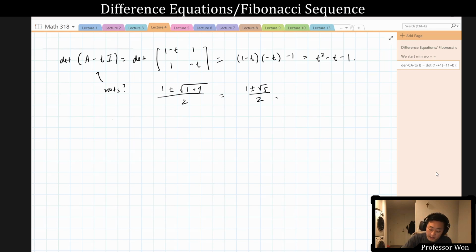Okay, so let's call the positive one lambda 1, and the negative one lambda 2. This one is approximately 1.618, and this one is approximately negative 0.618. By the way, this number is what's called the golden ratio.